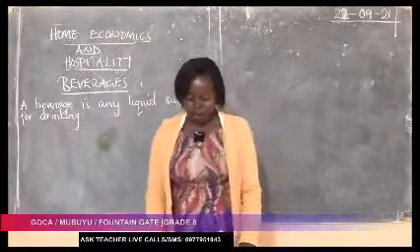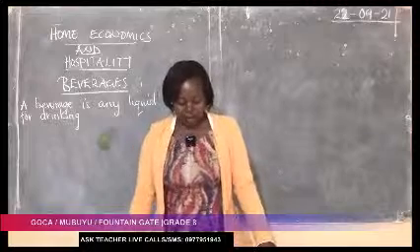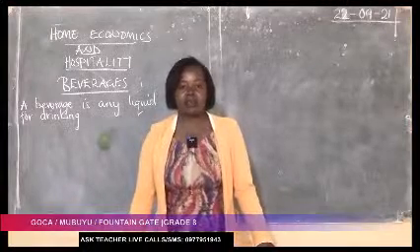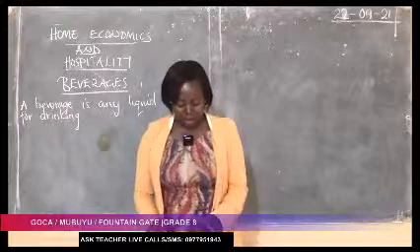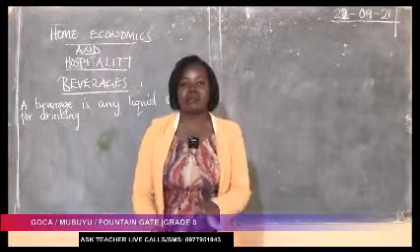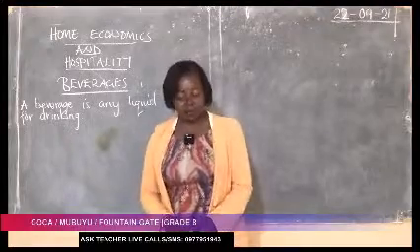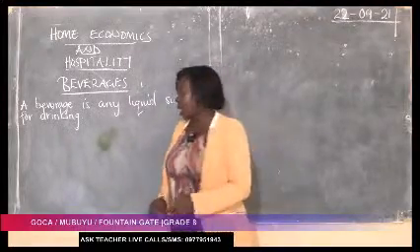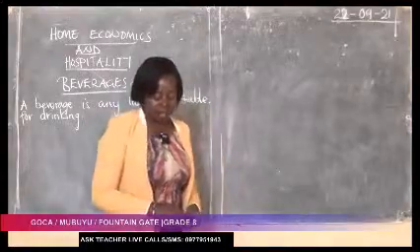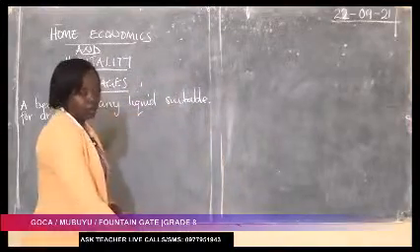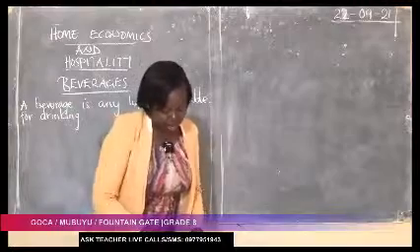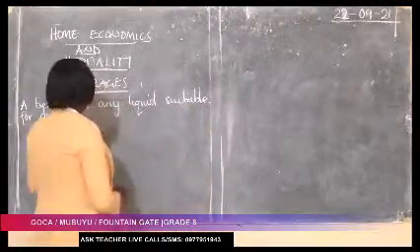Now we've got classes of beverages, and we are supposed to know them and make sure that we know the examples for each class. So what are these classes of beverage? Basically, we've got only three types of beverages. The first one that we are going to look at is refreshing beverage.